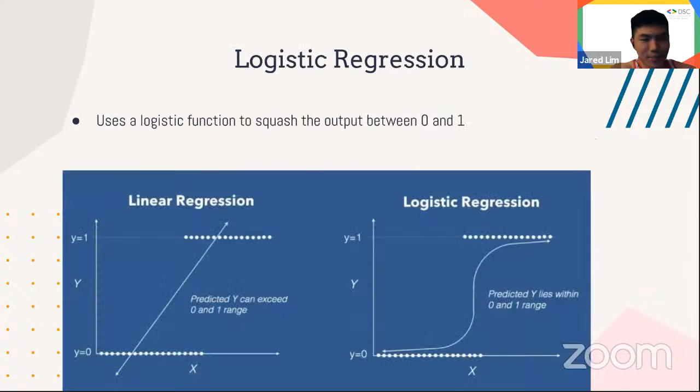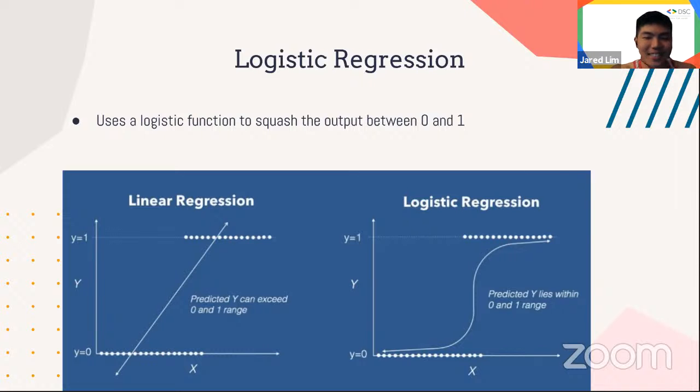The last one I'll be going through today is logistic regression. I'm sure you are familiar with linear regression. Logistic regression is very similar to linear regression, except you use a logistic function to squash the output between 0 and 1.